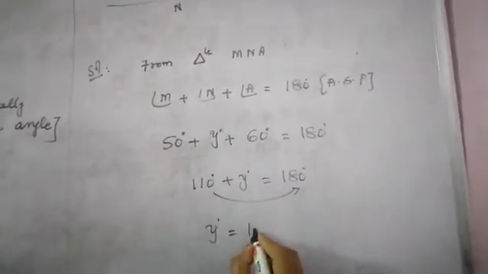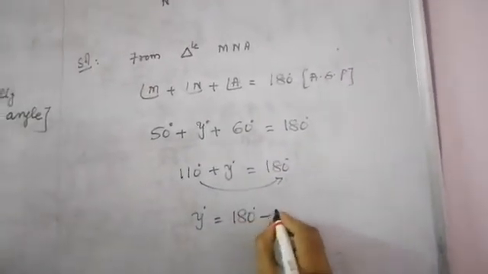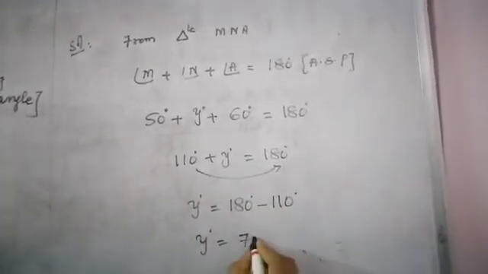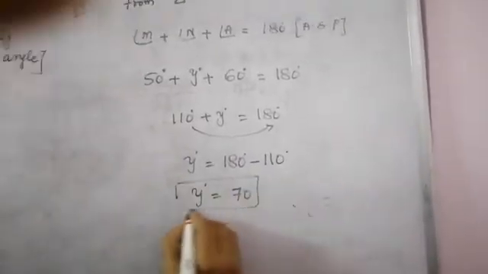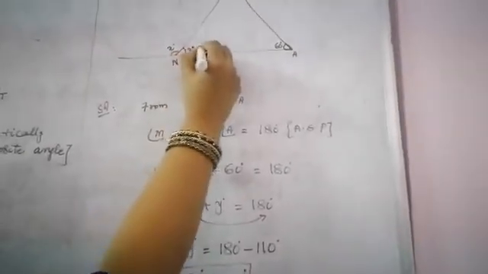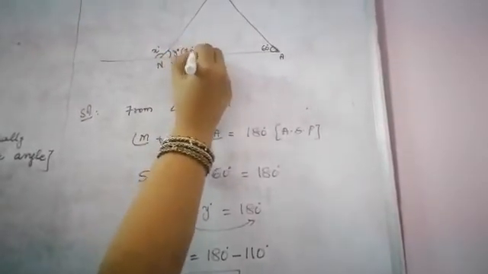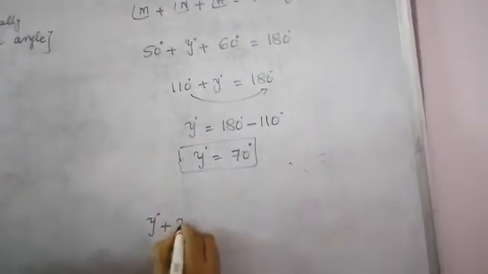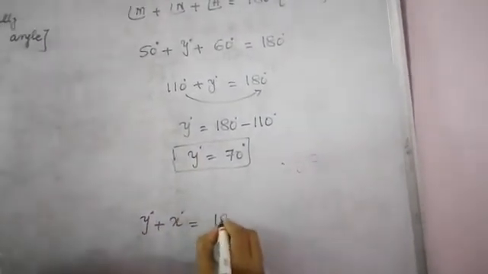Y is equal to 180 minus 110. Y is equal to 70 degrees. We got y as 70 degrees. Now from this figure, y plus x is equal to 180 degrees.